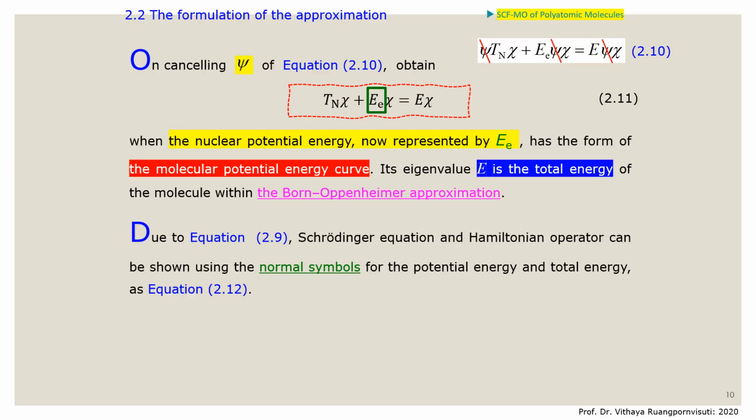Due to equation 2.9, the Schrödinger equation and Hamiltonian operator can be shown using the normal symbol for the potential energy and the total energy, as shown in equation 2.12 in the next slide.